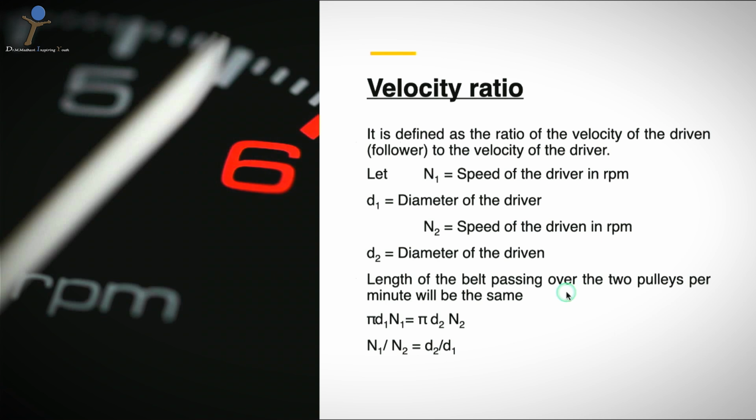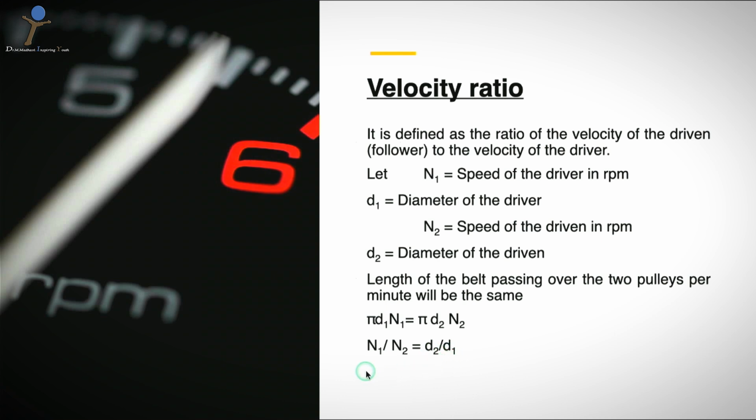So, V is equal to R omega, and omega is 2 pi n, so V is pi d n. Here, when this linear velocity is constant, you equate pi d1 n1 equal to pi d2 n2. So that means n1 by n2 is equal to d2 by d1.